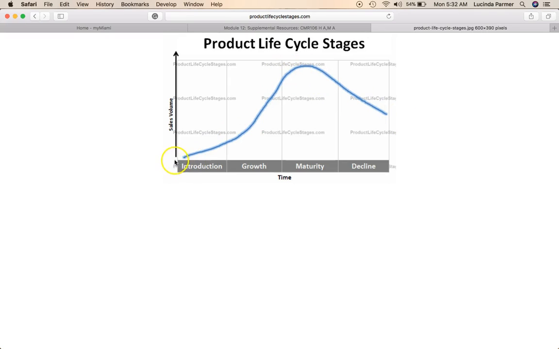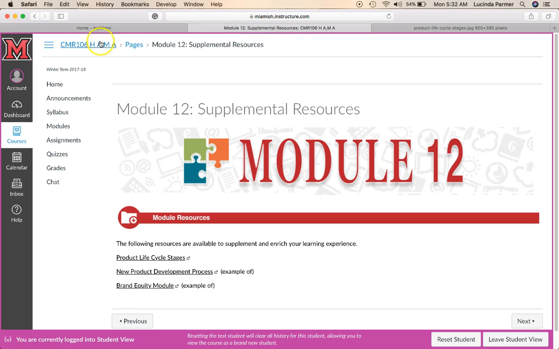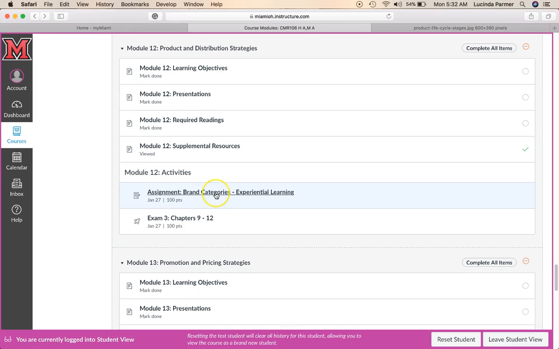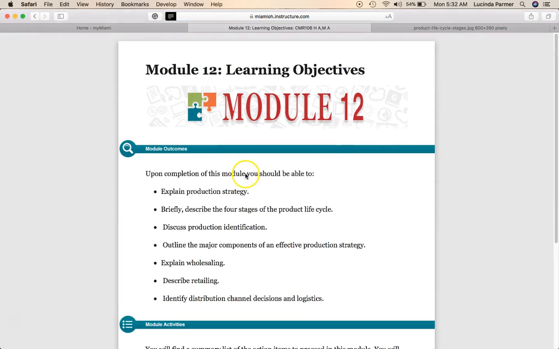So you have products, they come into the market, they're introduced, they grow, they mature, they have the mature stage like jeans or Coca-Cola, and then some of them decline and die out of the market. That's a very interesting concept, and it will be part of your brand categories experiential learning activity. But let's go back into the learning objectives again.